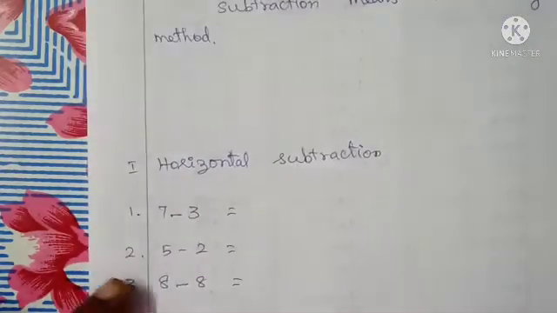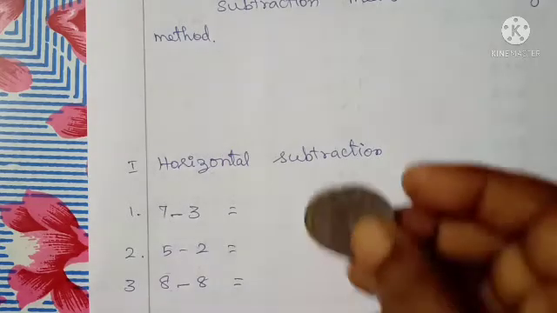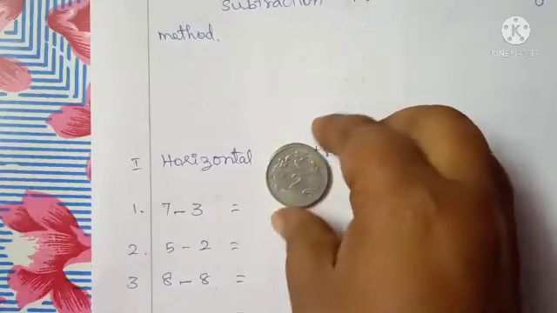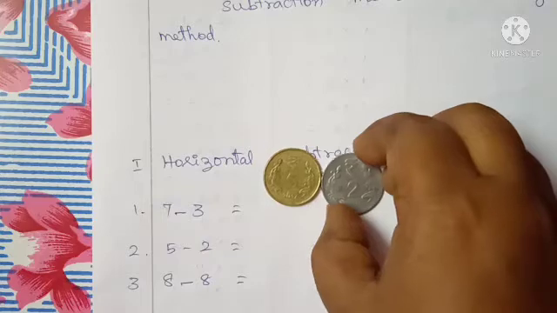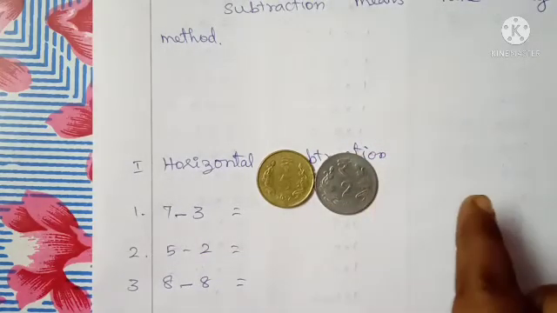Here I show now 7 minus 3. So 5 rupees and 2 rupees, both of them together are 7 rupees. Totally added, you get 7 rupees. You take away 3 rupees.